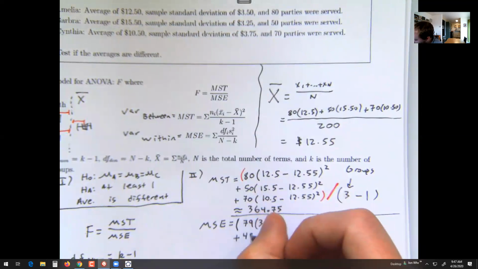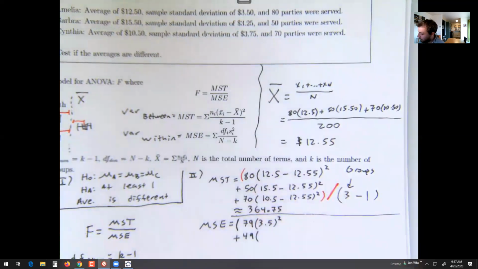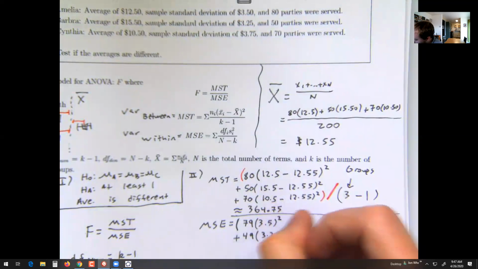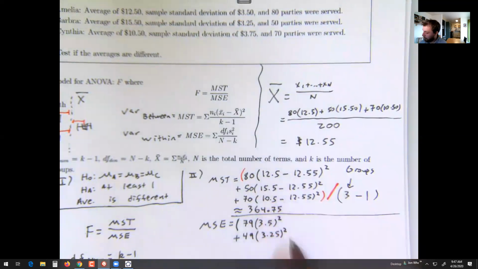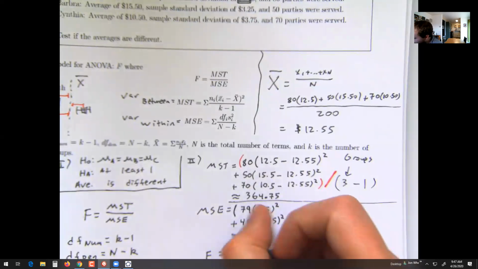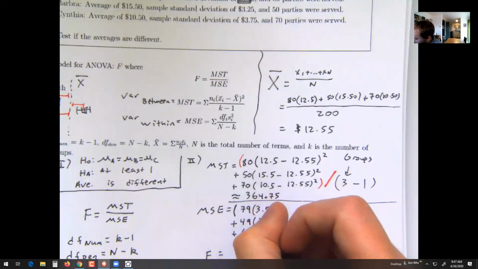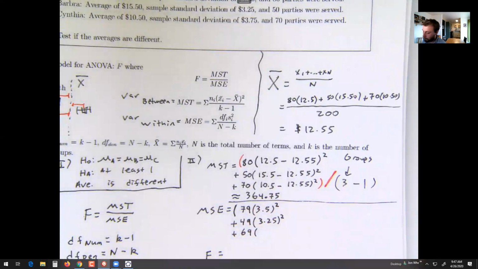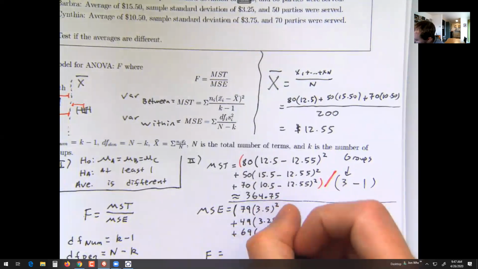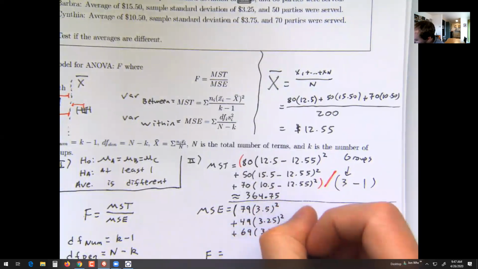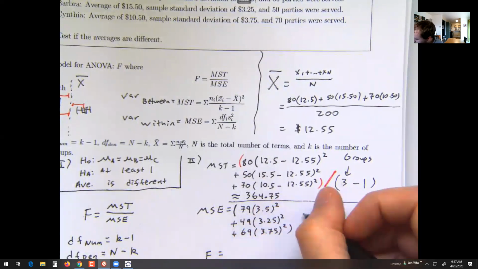That gives her a degree of freedom of 49. Her standard deviation was 3.25, and I square that. So I'm looking at a sum of the squares of the errors, an SSE. Next individual, 70 was the number of samples, so they have 69 for the degree of freedom for Cynthia. And her standard deviation was 3.75, and I'm squaring that.